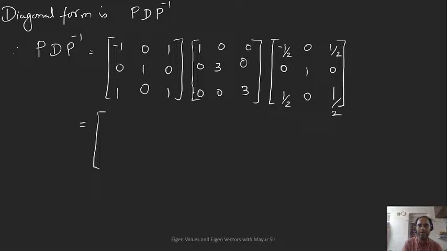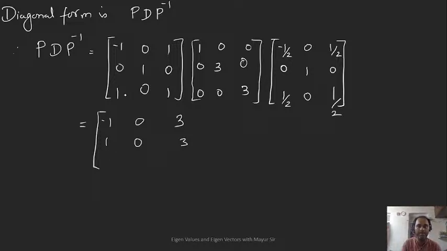So this is minus 1, then there is 0 here, then there is 3 here, there is 1, here there is 0, here there is 3.